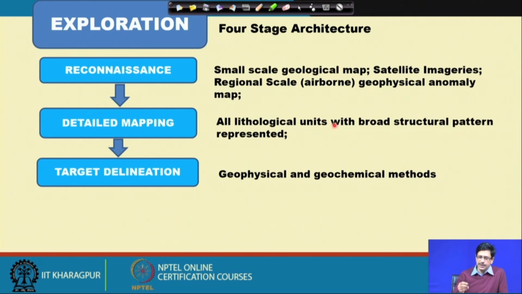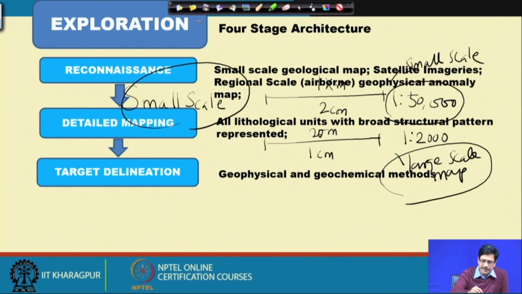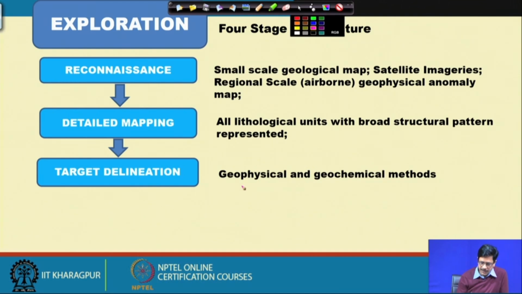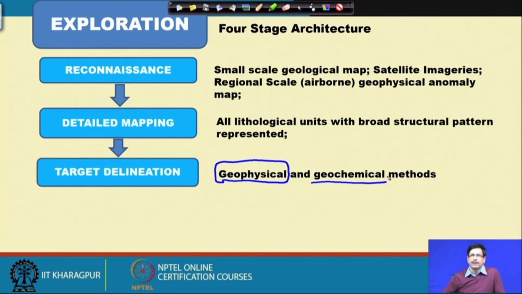Here we can use different types of geophysical methods, the geochemical methods, and of course, the geology will always be there. By that time, we have already used all our geological knowledge in identifying the area where we would like to delineate the target.